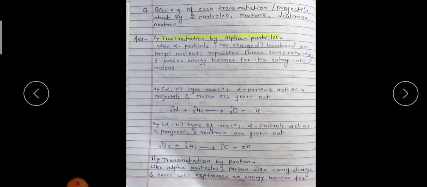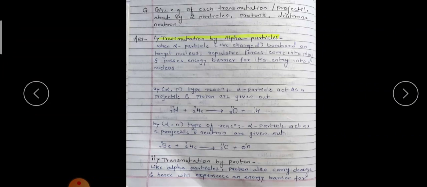Please prepare it well. Please try to understand these things because they are very important as far as the exam is concerned. This question will be there in the exam based on artificial disintegration, or nuclear transmutation.